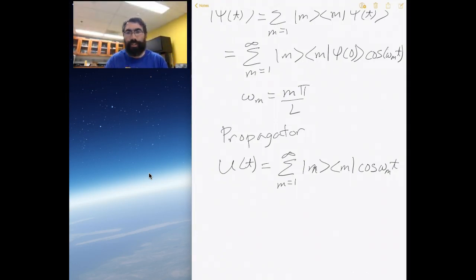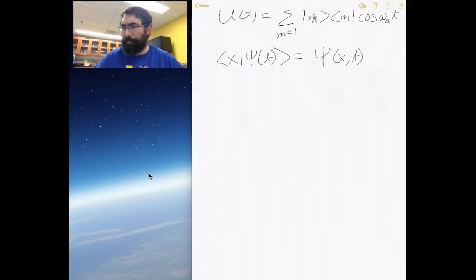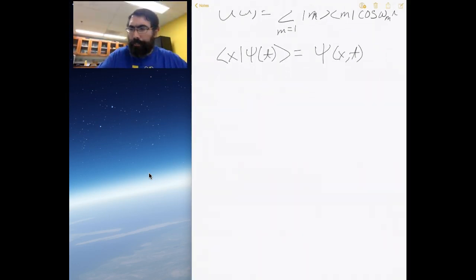So now the interesting thing is we can apply the position basis to this time-dependent function, like so. That's going to give us our final position and time-dependent displacement function. But let's write it in terms of the propagator.